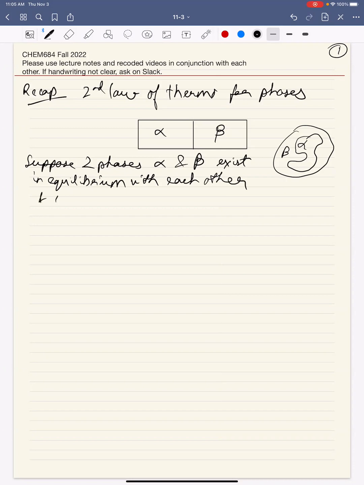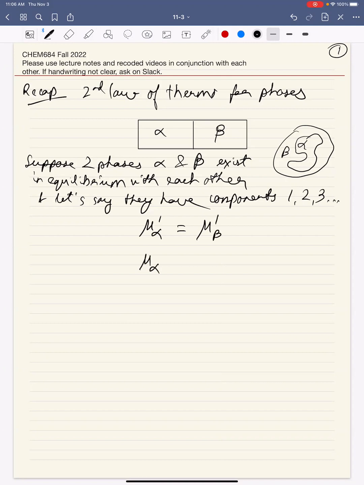And let's say they have components 1, 2, 3, ... Okay, so the key result that we proved a couple of classes ago, that second law of thermodynamics for phases, basically says that the chemical potential in phase alpha for component 1 should be equal to the chemical potential in phase beta for the same component. Same thing applies for component 2 in phase alpha, component 2 in phase beta.